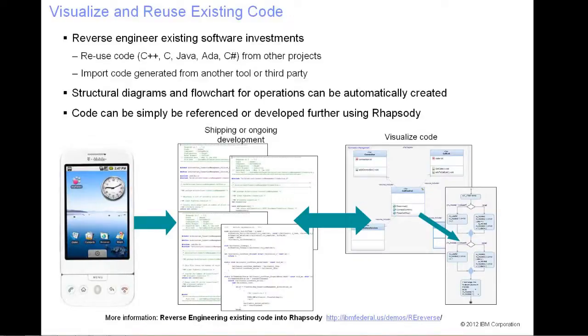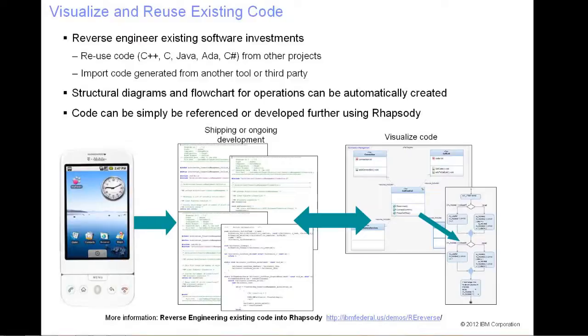You can also create flowcharts for operation bodies. And then once it's brought in, you can either start to develop it further with Rhapsody, or you can just use it as reference. You can also link in existing libraries or code. So if you have third-party code, it's very easy to link it in. There are settings within Rhapsody to just link in the code and those third-party libraries. So it makes it easy to bring in and incorporate other code into the Rhapsody design.